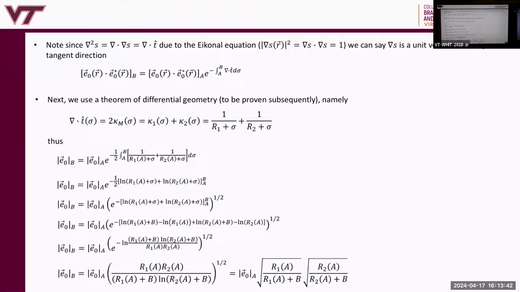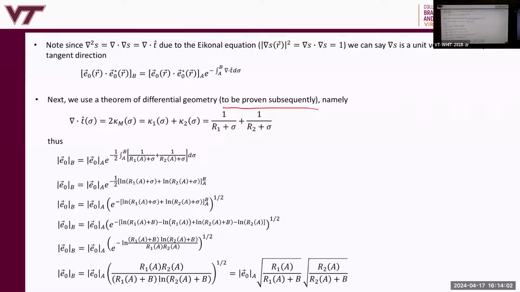We kind of already said that, right? All right. So del squared S we can write as the divergence of t. So that's all we've done here. We've rewritten the integrand as the divergence of t hat.